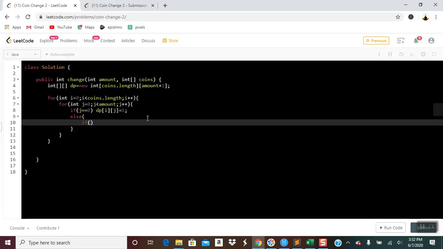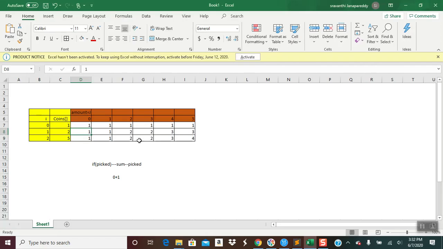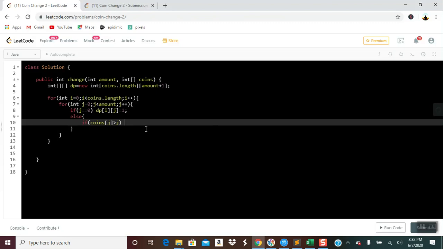If coins of i is greater than j, like this, if 5 is greater than 0, then simply pick the previous value, which is dp of i minus 1 comma j.